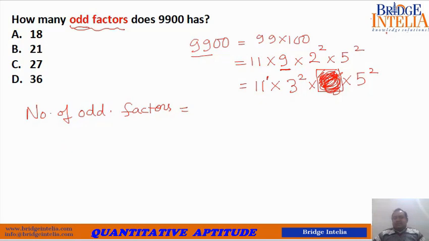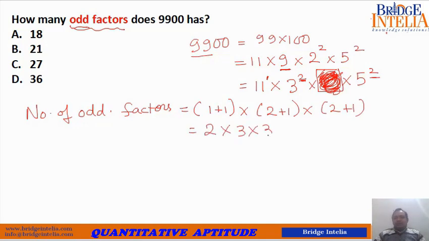This is 11 to the power 1, so add 1 to it: 1 plus 1, into, here the power is 2, add 1 to it, here also the power is 2, so add 1 to it. So this is 2 into 3 into 3, which comes out to be 18. So 18 is the correct answer.